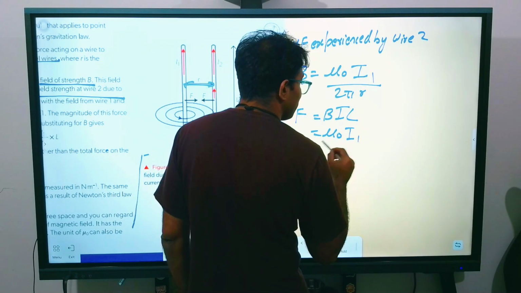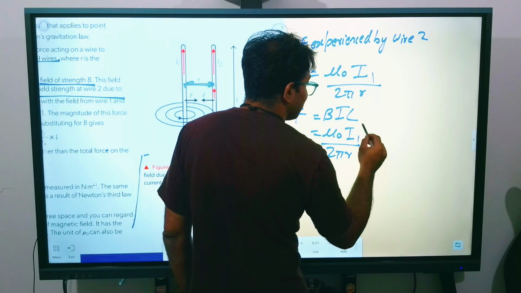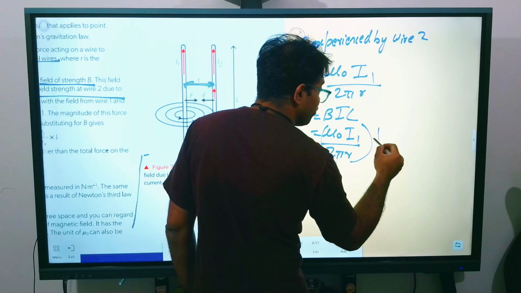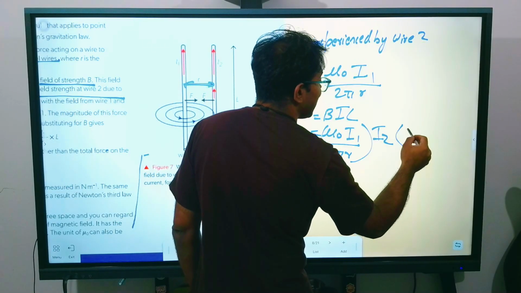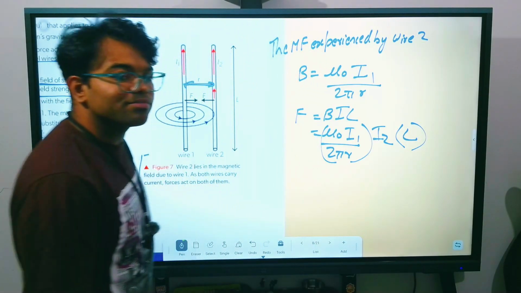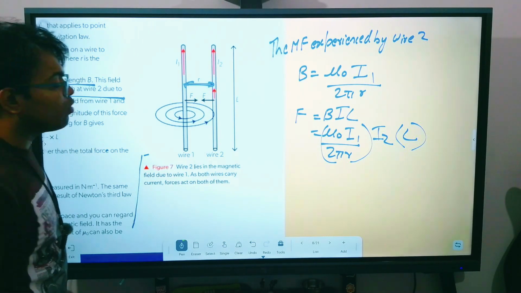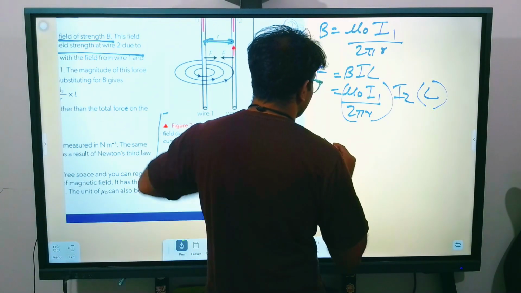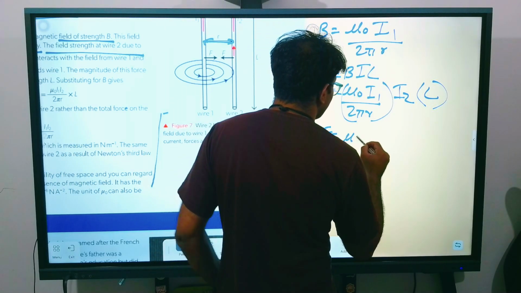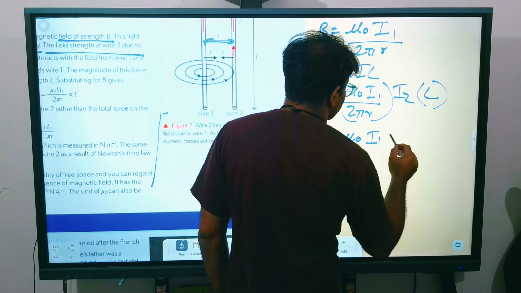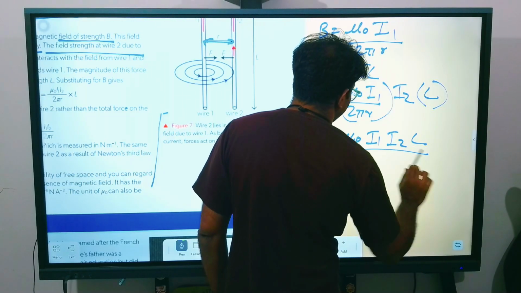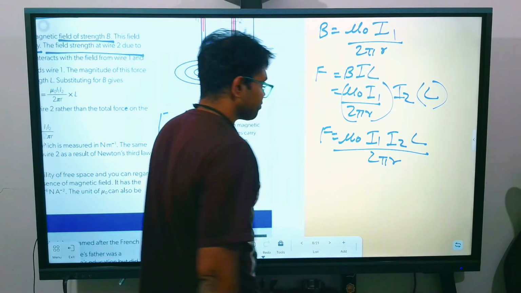Mu naught I1 upon 2 pi r multiplied by I2 multiplied by the length of the conductor L. Understood? So force will become equal to mu naught I1 I2 L upon 2 pi r.